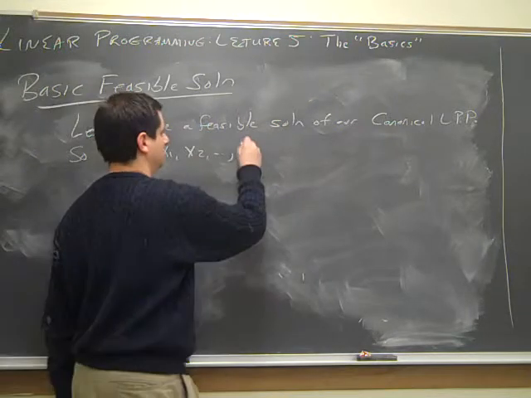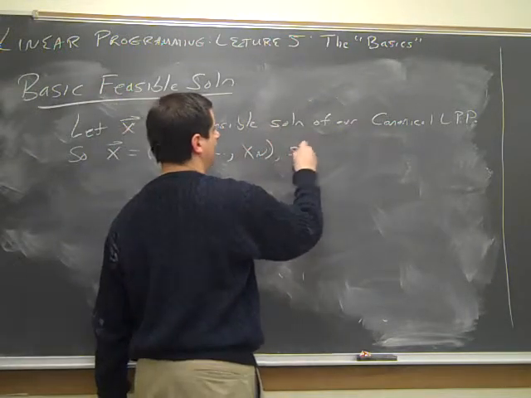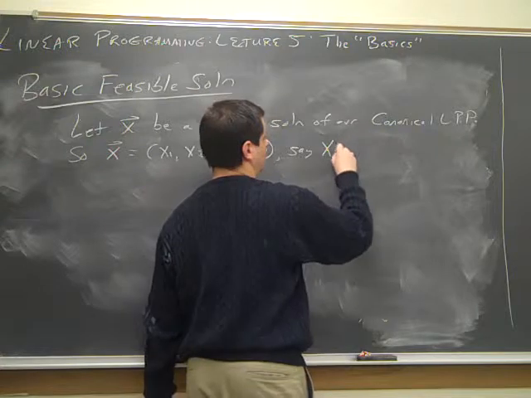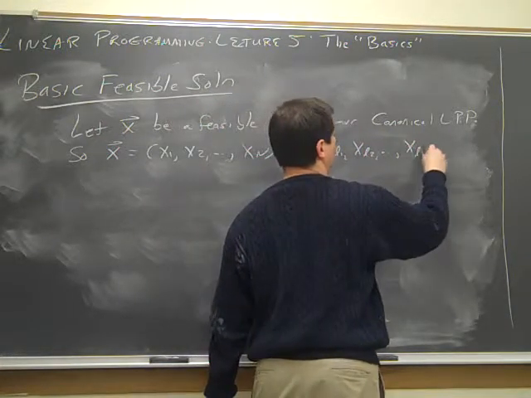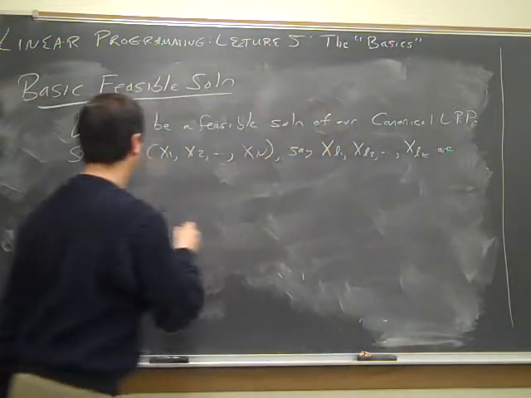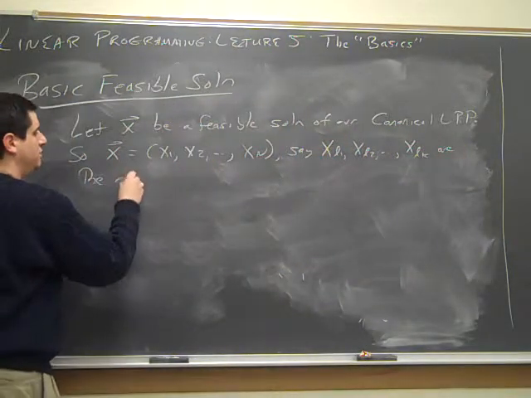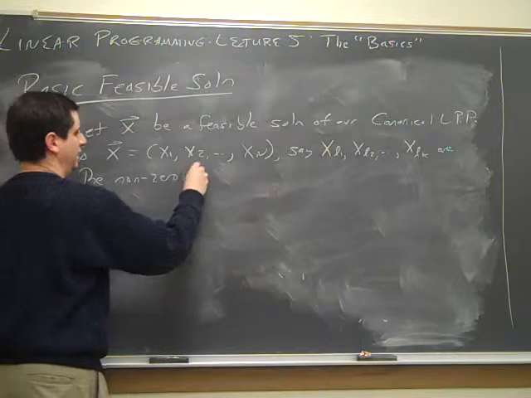X has m coordinates. And let's say xl1, xl2, xlk are the non-zero elements of X.